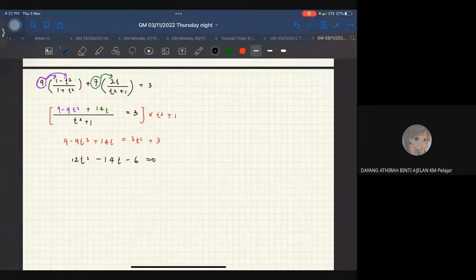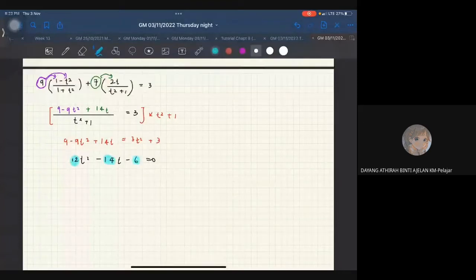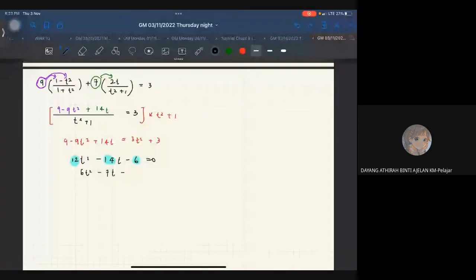Okay, so daripada sini, before awak tekan calculator, you need to try simplifying your expression first. Okay, so bila tengok dekat sini, kita ada coefficient kita. Akan dapat T square minus 7T minus 3 equals to 0.